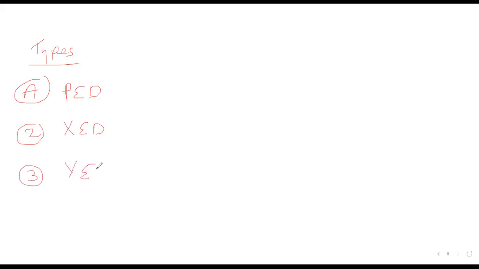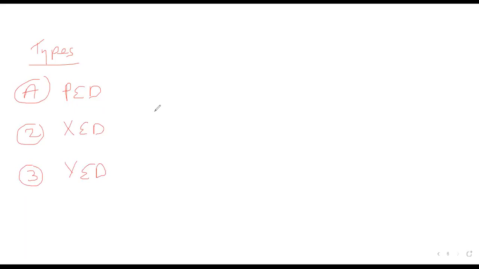Number 1, the type of elasticity which we've just been looking at is called the price elasticity of what? Of demand. Number 2, the type of elasticity we need to know is cross price elasticity of what? Demand. And number 3, we have the income elasticity of demand.